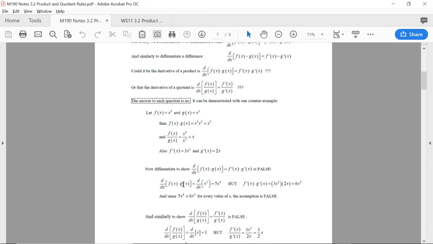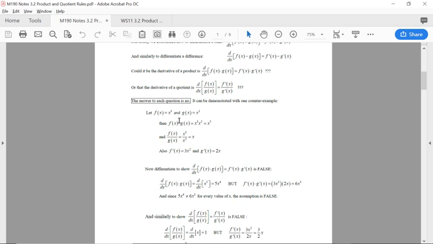That is, if we did the algebra first and then did the calculus, f of x times g of x would be x to the fifth, and the derivative of x to the fifth is 5x to the fourth. That would be correct. The derivative of this product, x cubed and x squared, is 5x to the fourth. That is the correct answer that we should get.